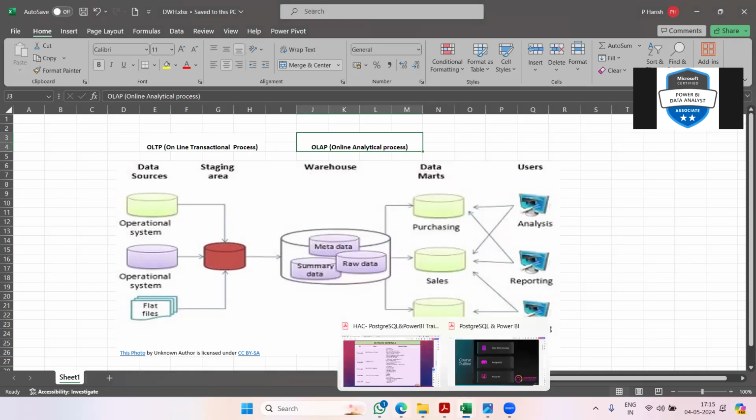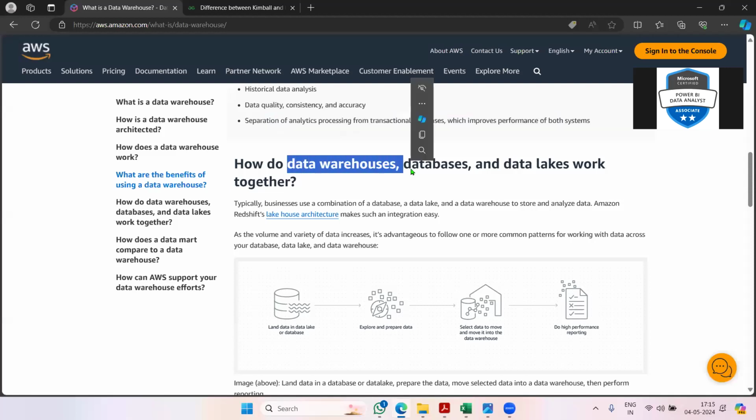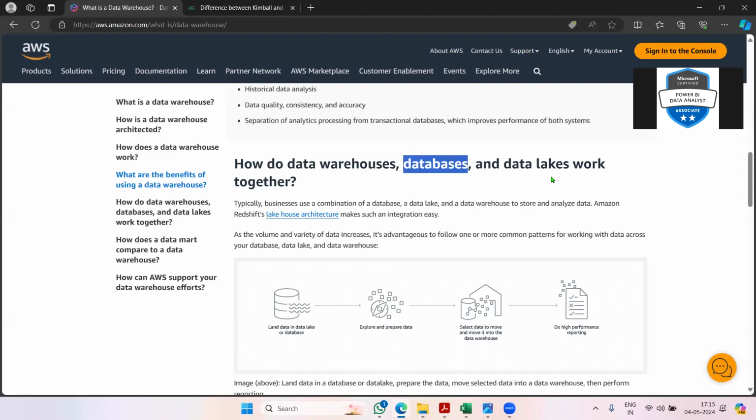Now, we have a data warehouse, database, and data lakes. We need to understand these terminologies, right? First of all, let's look at databases.